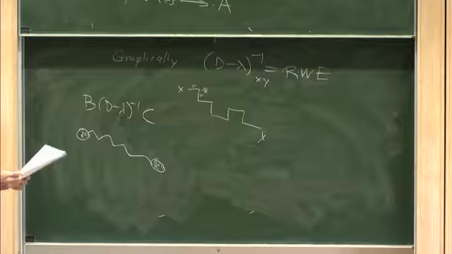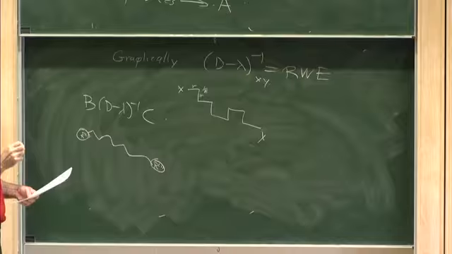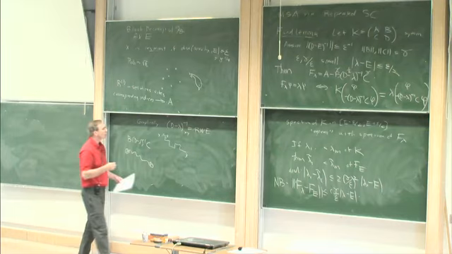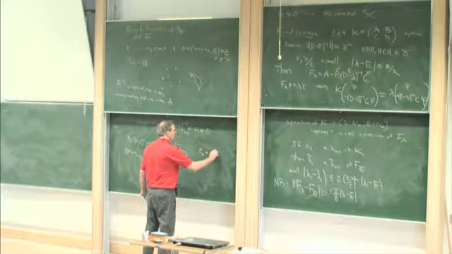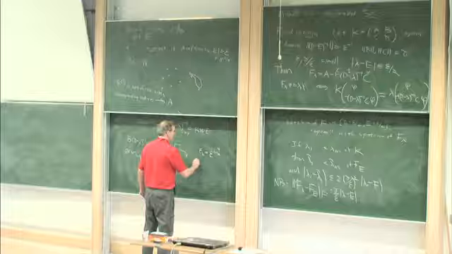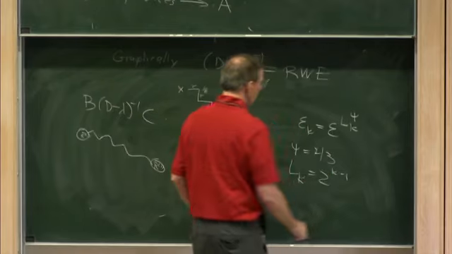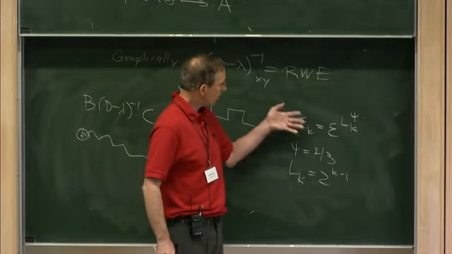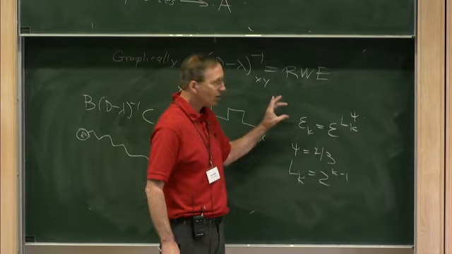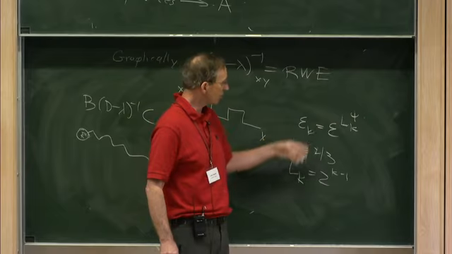All right, so in step k, we narrow down the windows. We're going to have epsilon_k equals epsilon to L_k to the psi, with psi equal to 2/3, and L_k equal to 2 to the k minus 1. So we have length scales growing geometrically, and these energy windows shrinking like some fractional exponential.